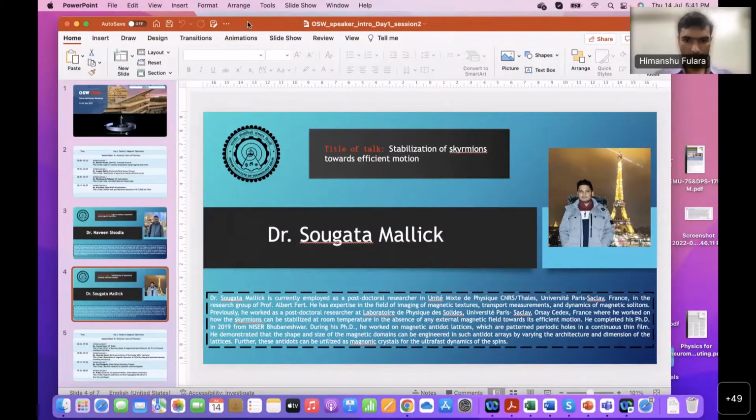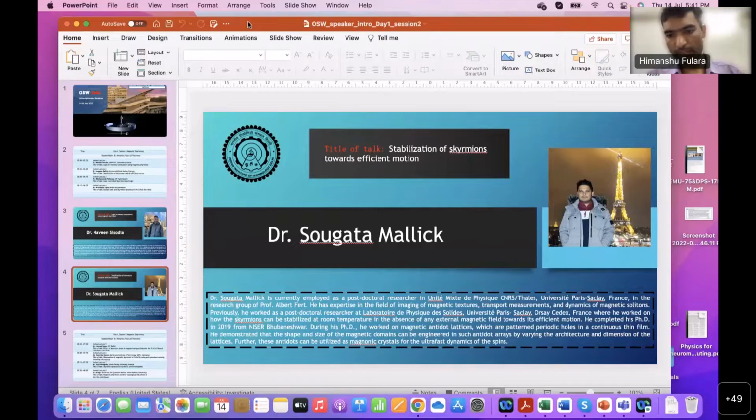So our next speaker is Dr. Sougata Mallick, and Dr. Sougata Mallick is currently employed as a postdoctoral researcher at CNRS THALES in France. Prior to that, he did his PhD from NISER Bhubaneswar, and his expertise is in the area of imaging of magnetic textures, transport measurements, and dynamics of magnetic solitons.